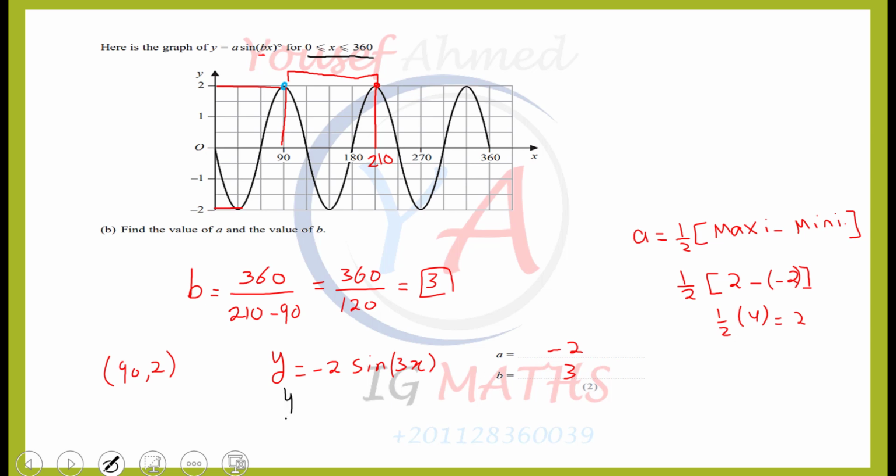So y equals negative 2 times sine of 3 times 90, so negative 2 times sine 270.